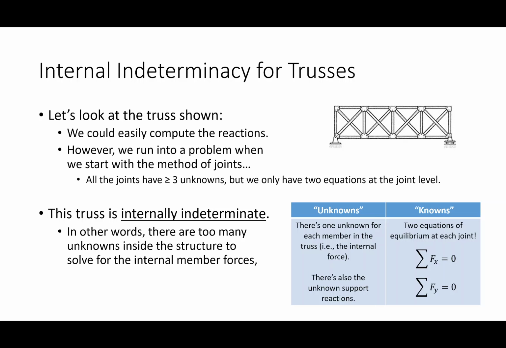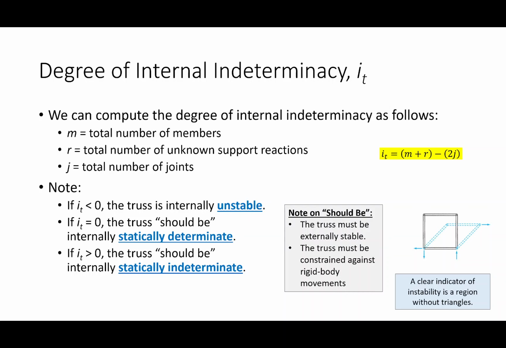So I can very easily compute an internal degree of indeterminacy by just saying that the internal indeterminacy is m plus r minus 2j, okay? And it's, again, what am I comparing? The unknowns to the knowns, okay? So let's just think this through. What happens if I sub t equals 0?